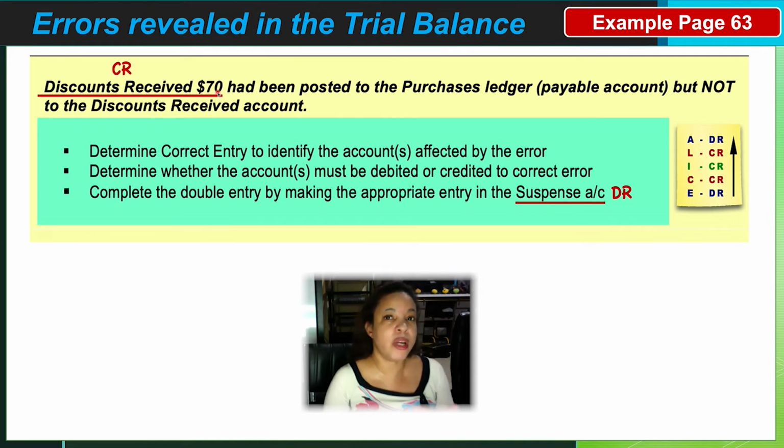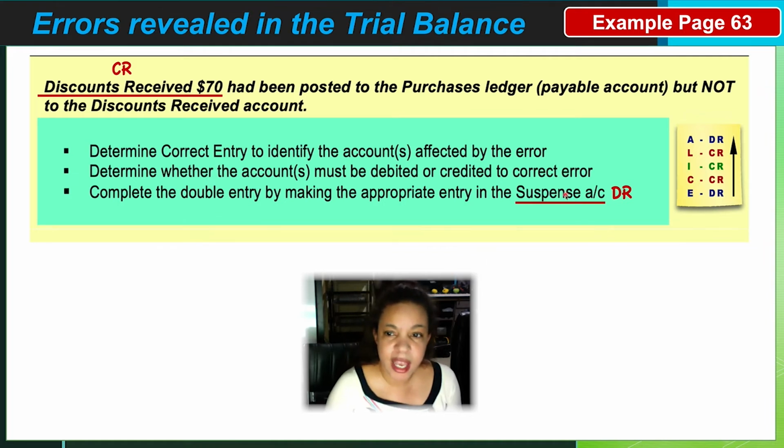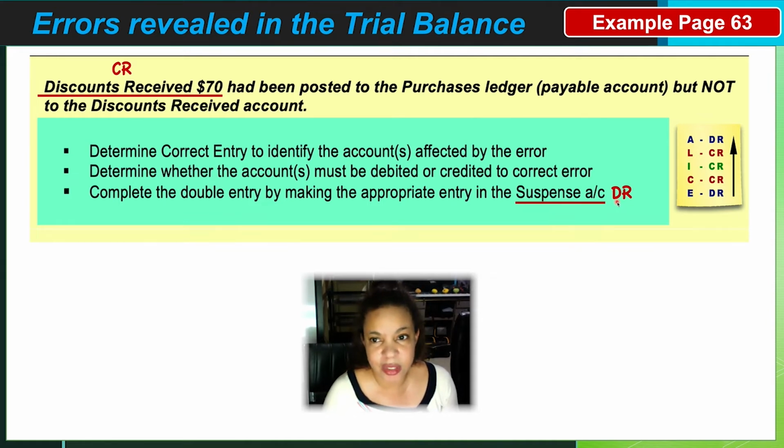Now we know what the error is, so we will put the amount on the credit side, and we now have to take it out of the suspense account because it is no longer suspense. We take it out, and since it was on the credit side, you have to debit it to take it out. So you see the end result is you end up debiting the suspense account.